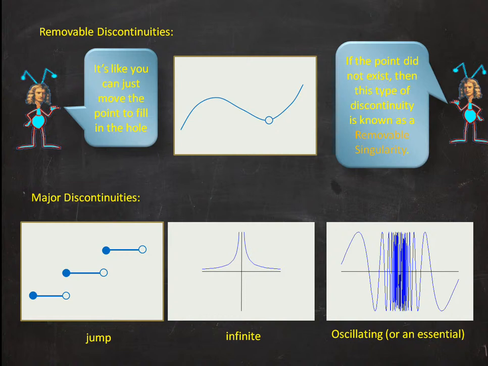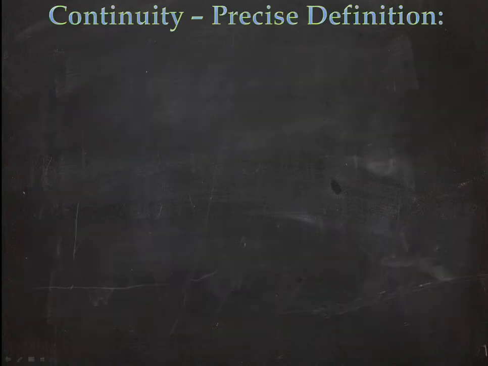The value is oscillating so rapidly that there is no limit, and therefore we have an oscillating or essential discontinuity.